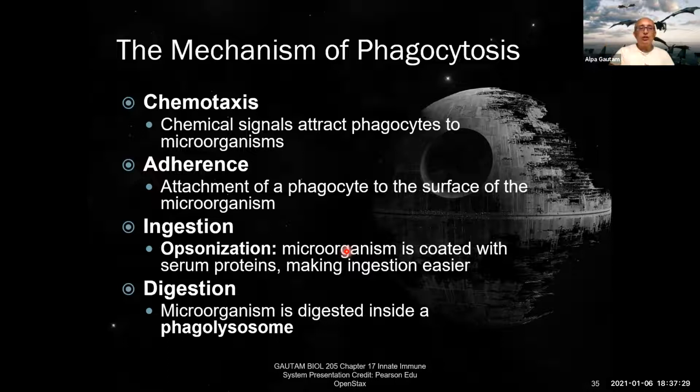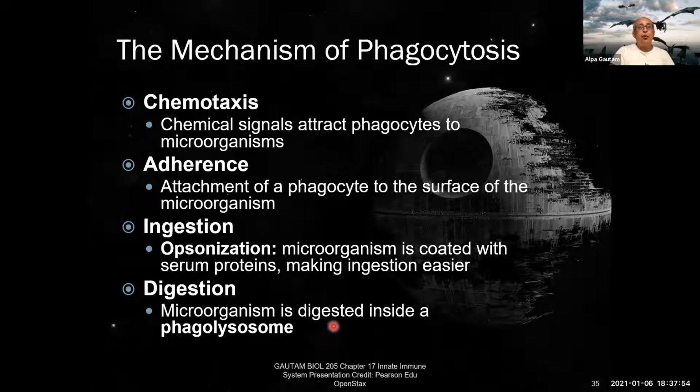That process is called opsonization. It reminds me of optimization: making it a better, easier, more effective process of digesting these pathogens. So opsonization, and then finally digestion, where the microorganism is digested or broken down inside of that phagocyte.